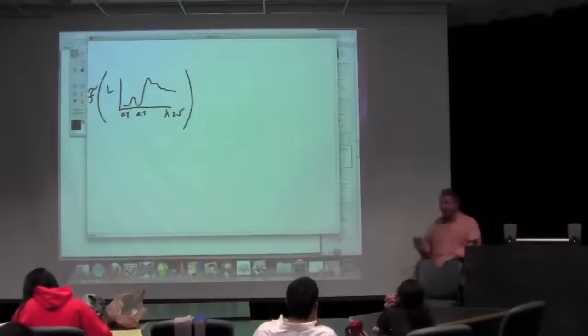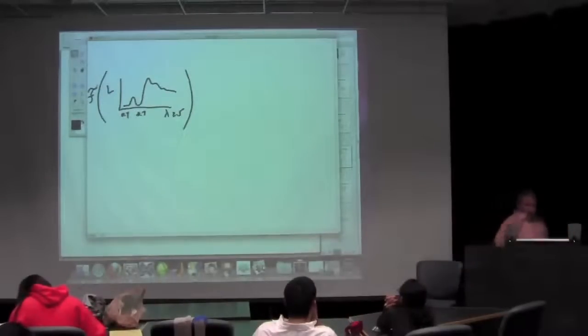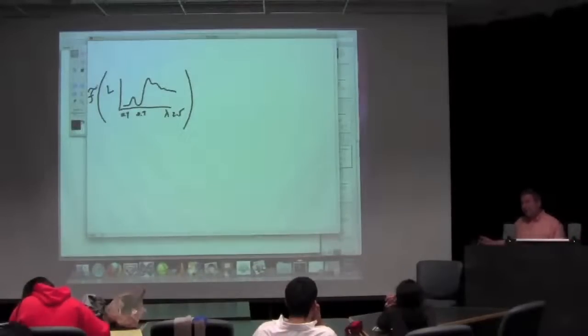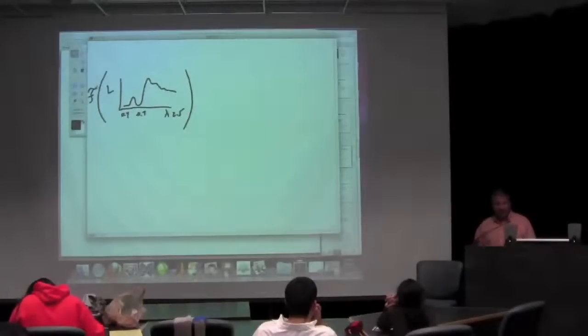So all I have to do is take the measured signal that comes from my detector and take the inverse Fourier transform of that, and that becomes my spectral signature.